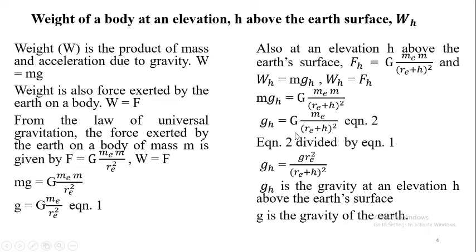This is our equation 2. When you divide it by our equation 1, you realize that g_h equals g times r_e squared over (r_e plus h) all squared, where g_h is the gravity at an elevation h above the Earth's surface and g is the gravity on Earth's surface.